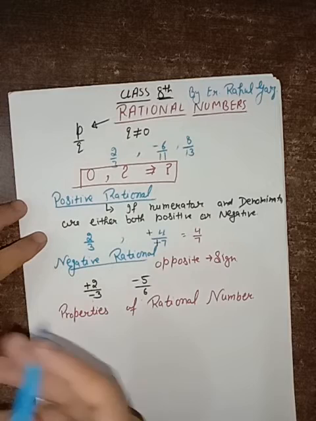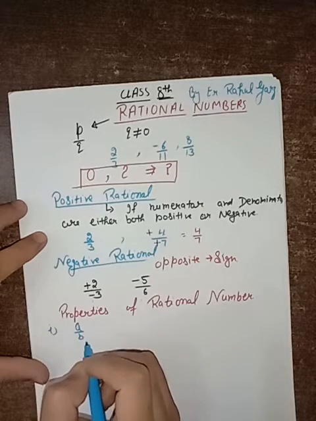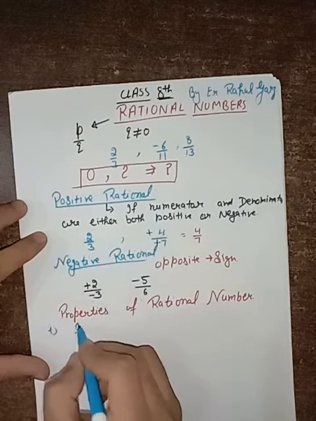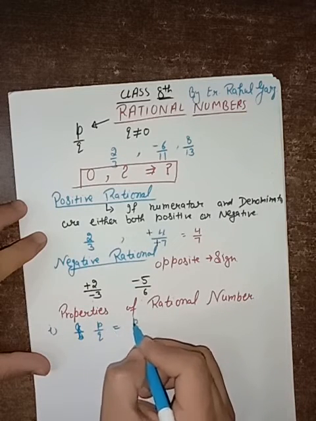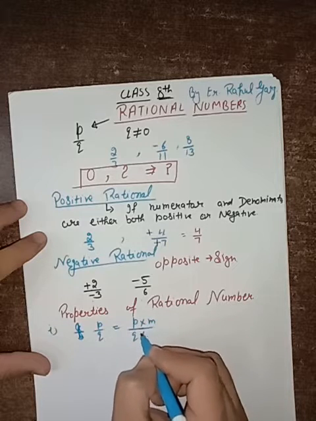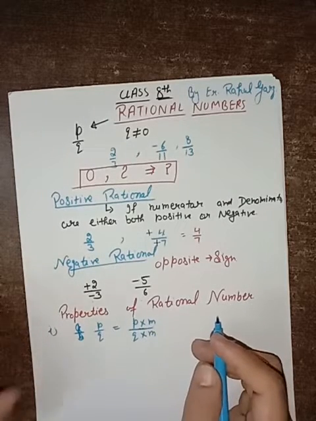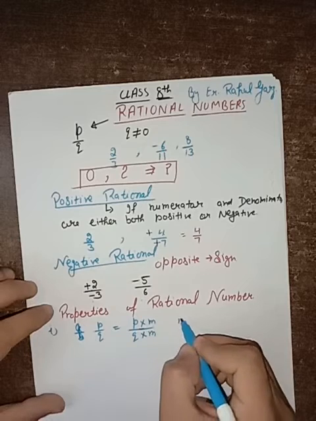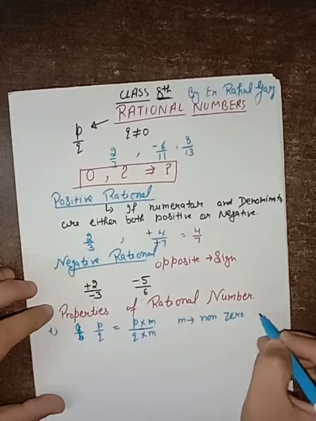Our first property: a by b, means p by q, we simply write p by q equals p by q, multiplying both numerator and denominator with m, where m is a non-zero integer.